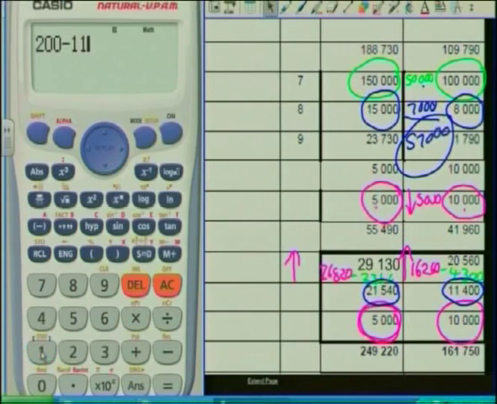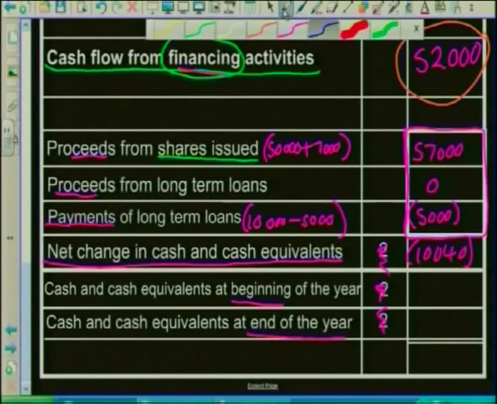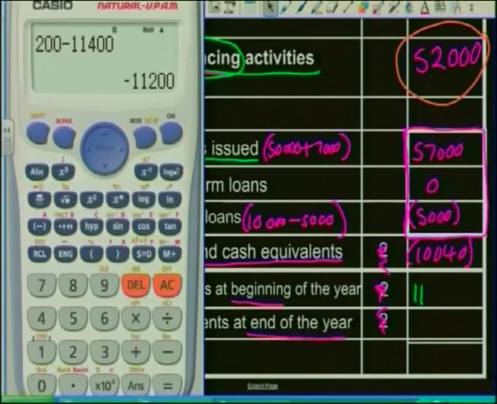So minus 11,400, and my cash and cash equivalent at the beginning of the year was a negative amount, because it obviously was an overdraft, 11,200. So let's take that amount through. Okay, there we go. 11,200.